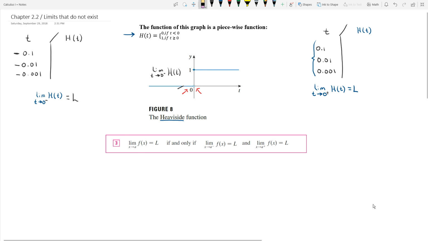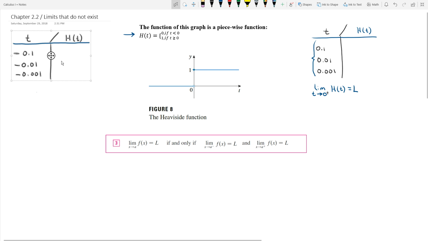The reason that we have left and right side designations of limits is so that we can find out, when we calculate our tables, whether the left and the right side are approaching the same value. So let's take a look at this graph or illustration.